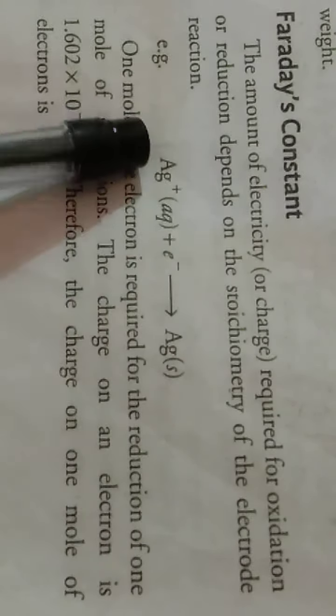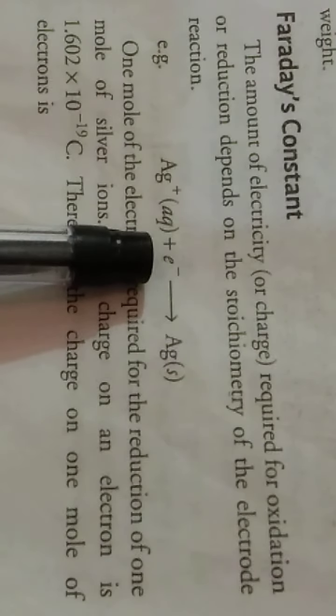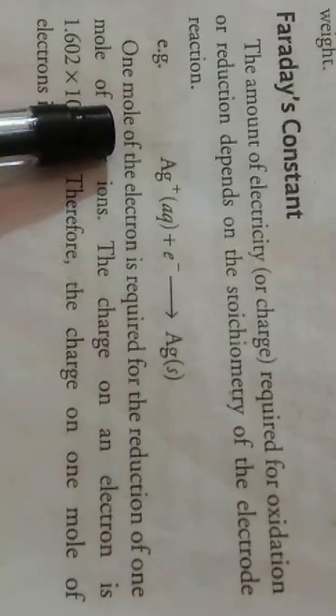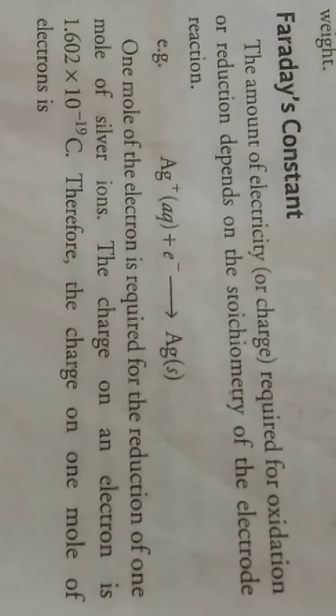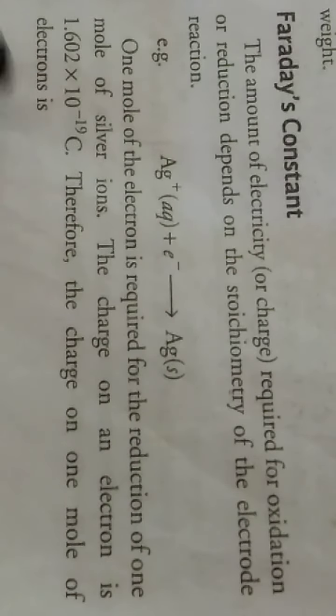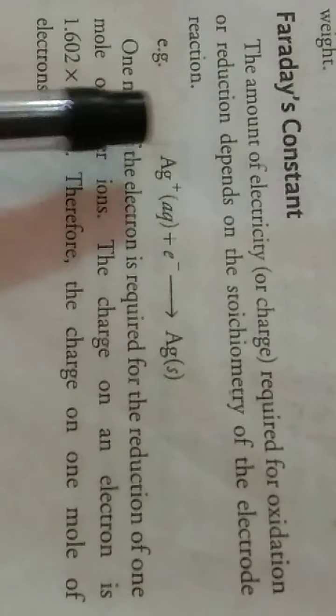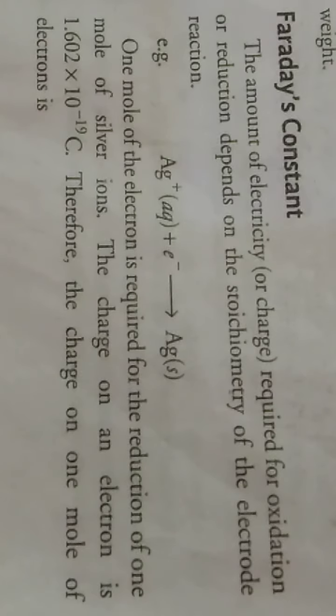What it means, children, for example, here we have silver ions and silver ion is gaining one electron. Gaining of electron is reduction. So here we have one Ag positive, so it will require one electron.